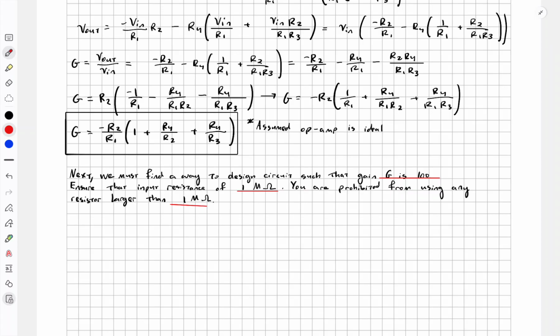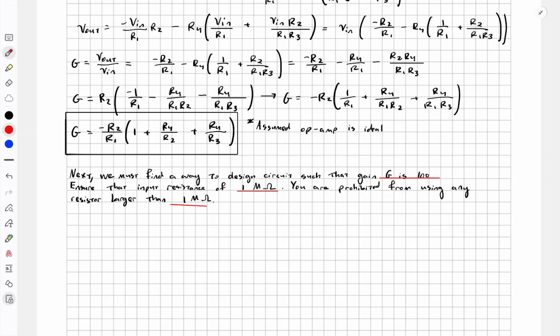So how do we do this? As you can see, there are a lot of different requirements here, and we need to accommodate all of them. So this is going to be a bit of an iterative process. We're going to guess a resistor value, then check to see if the circuit meets the requirements, and if it doesn't, we will modify it.